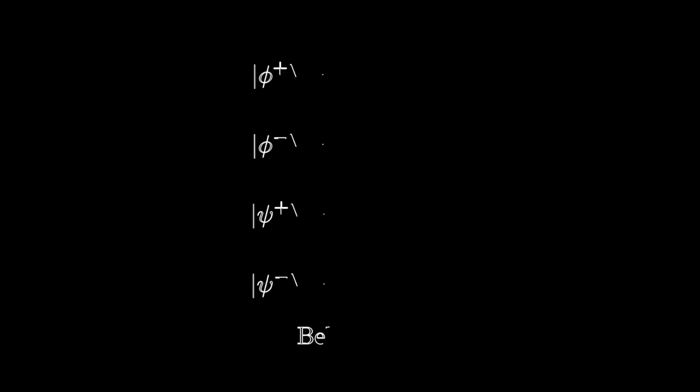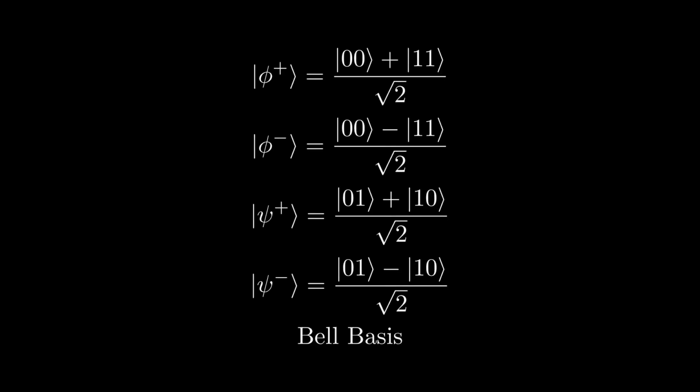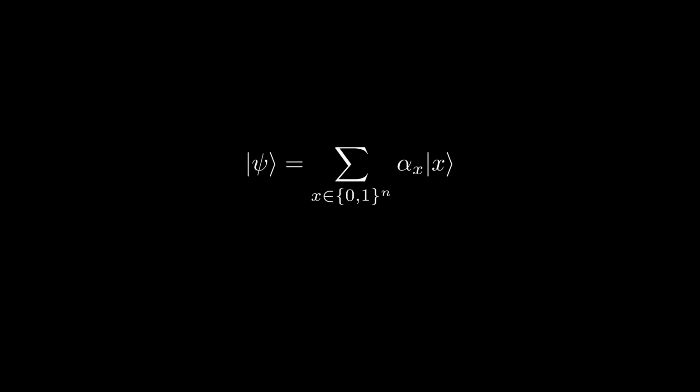This state that I mentioned is usually discussed in tandem with 3 other maximally entangled states. Collectively, these 4 states are referred to as the Bell basis, and are useful since they describe a basis for 2 qubit states, where each basis vector is a maximally entangled state. We can easily generalize the formalism for 2 qubit states to n qubits, where there are now 2 to the n standard basis states given as n-wise tensor products of single qubit basis states.